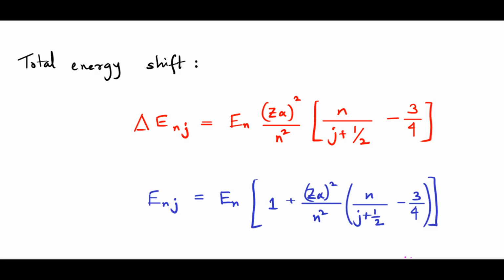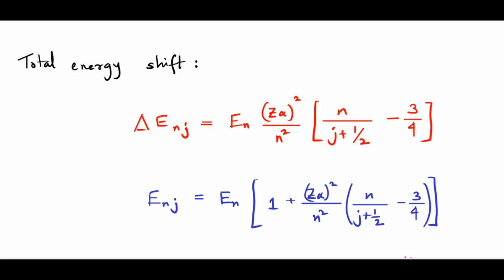There's also an important factor of alpha squared, which says that the fine structure splitting is really at a fine or very small level. Alpha, remember, is 1 by 137. So alpha squared is of the order of 10 to the minus 4, actually a bit less. So apart from the fact that there's a 1 by n^2 factor, it's the alpha squared which really dictates the overall size of the fine structure splitting, and as a result, as we have been saying, this constant alpha deserves the name fine structure constant.